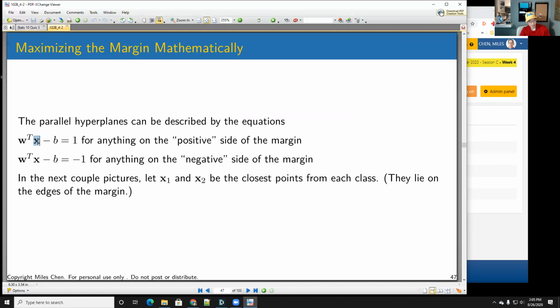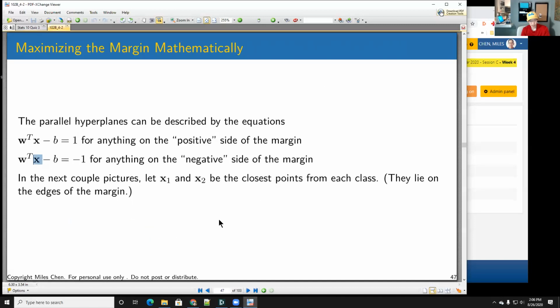The set of x that satisfies w transpose x minus b equal to 1 defines a hyperplane on one side, and the set of x that satisfies w transpose x minus b equal to -1 defines a hyperplane parallel to this one, just shifted over to the other side.